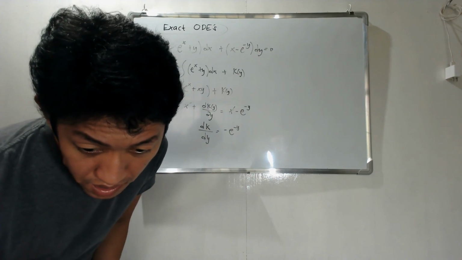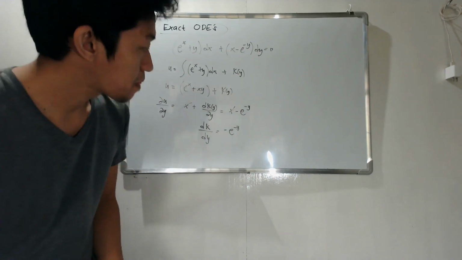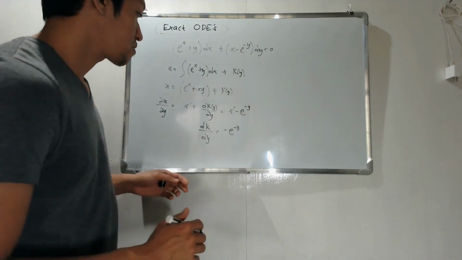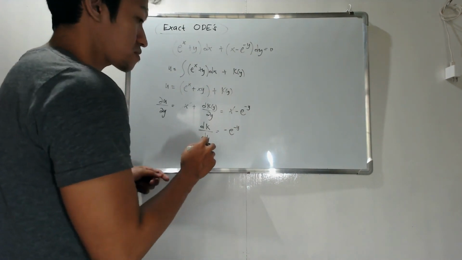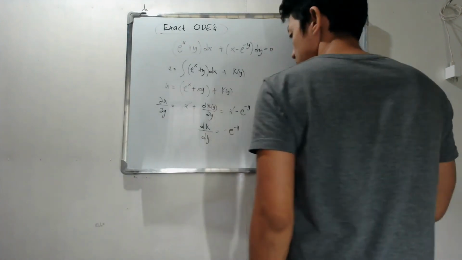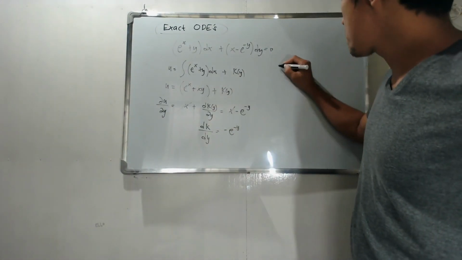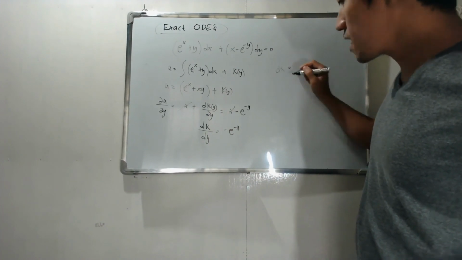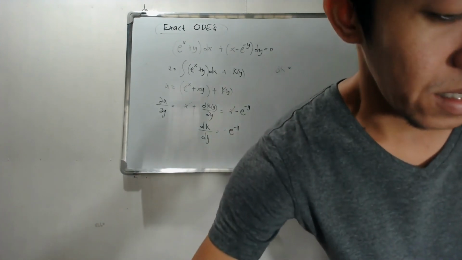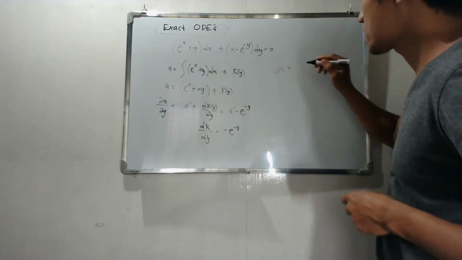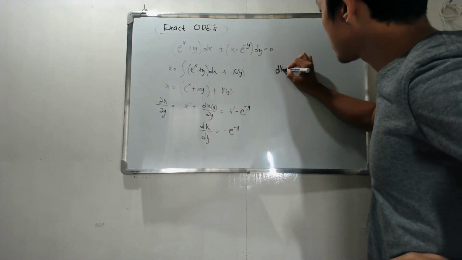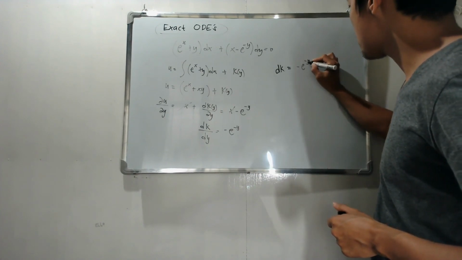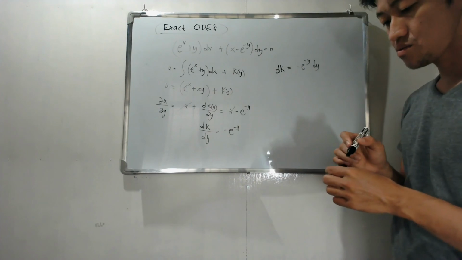Therefore, the answer is: k prime is equal to negative e to the negative y dy.